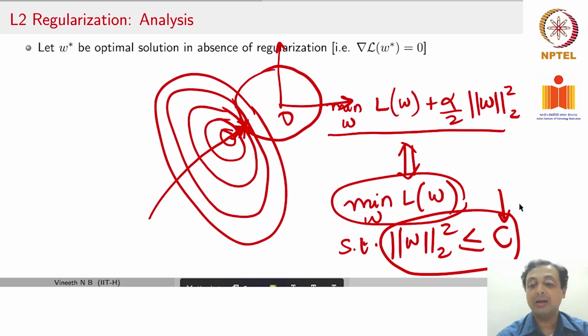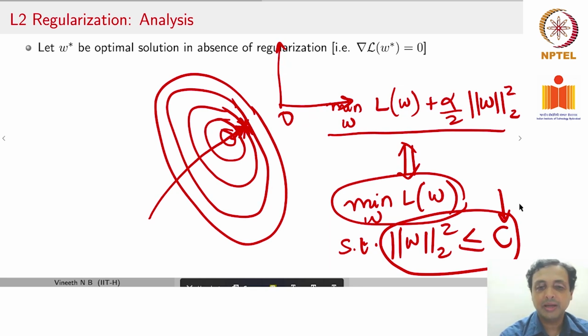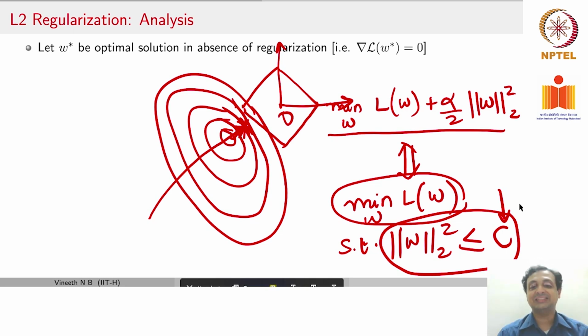However, if you had L1 weight decay, then in that particular case, your norm ball is going to be a rhombus, not a square, not a sphere. So a rhombus has sharp edges, which means it's very likely that you will find minimum along points where one of the axis is 0.